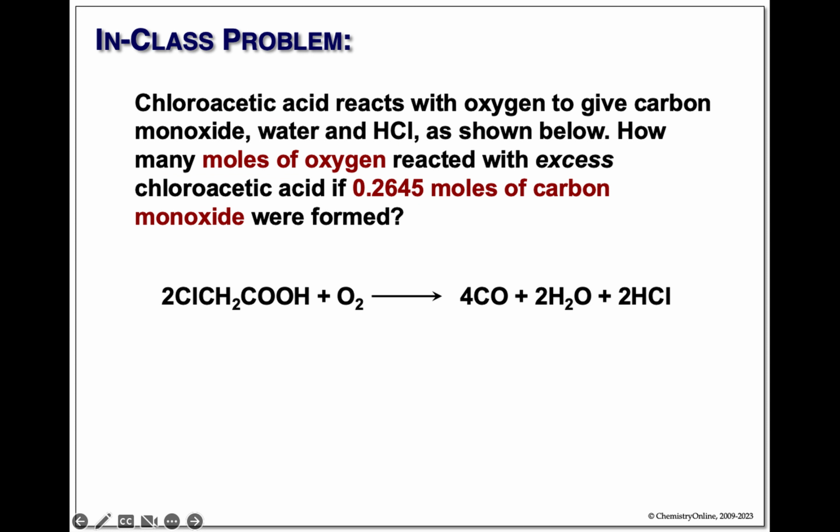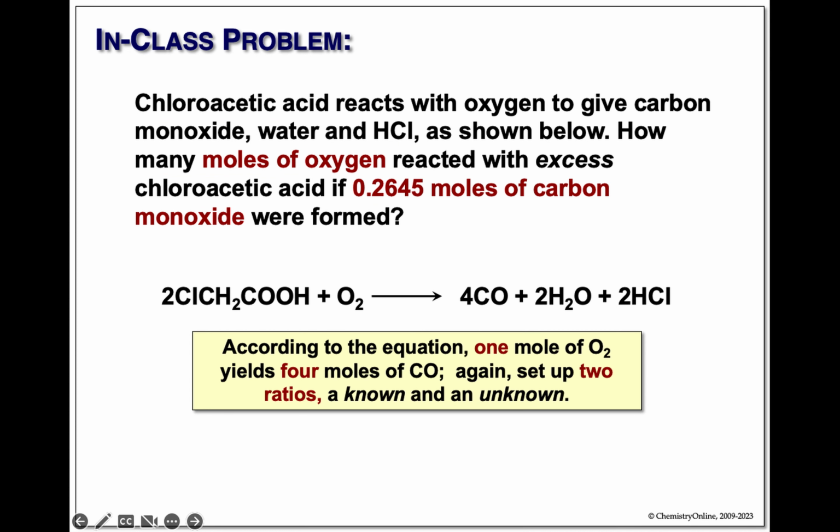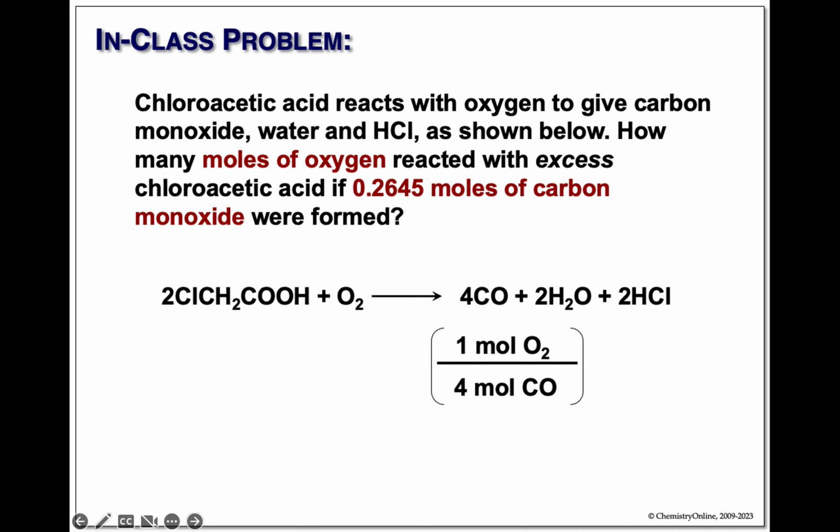Okay. We're looking at oxygen and carbon monoxide. Our given is carbon monoxide. It's going to be 4 to 1. 1 mole of O2, 4 moles of CO. We want CO in our denominator, and our ratio looks like this: the unknown, moles of oxygen, over our given moles of carbon monoxide.